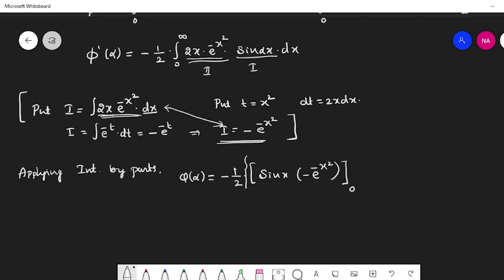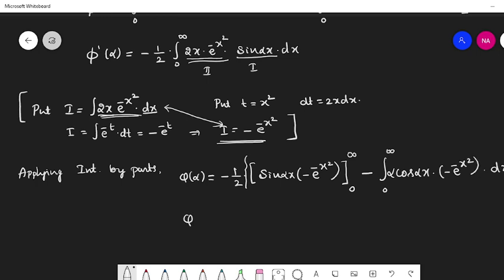This should be evaluated between the limits, minus under integral sign derivative of first function. So derivative of sin alpha x with respect to x is alpha cos alpha x, into integral of second function, that is minus e power minus x square, into dx.